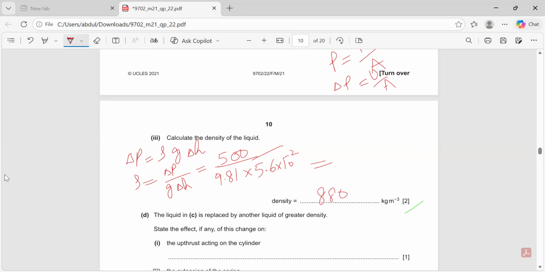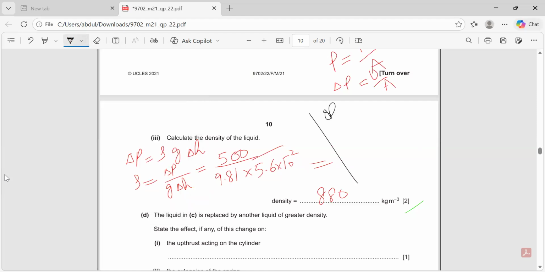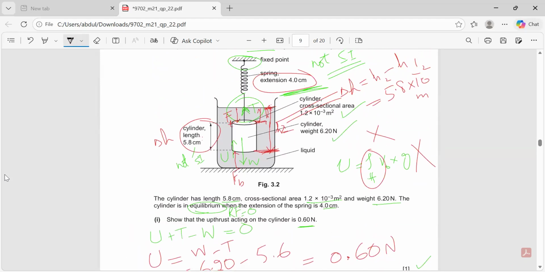Now, one thing more, my dear sons. You can also do it this way. We have upthrust. So upthrust is the density of the fluid, that is liquid, times volume of the object times g. Upthrust we have calculated. How to calculate volume? Very simple. For this cylinder, volume is pi r square h. Area is given already and height is also given, but you have to convert the height from centimeters to meters.